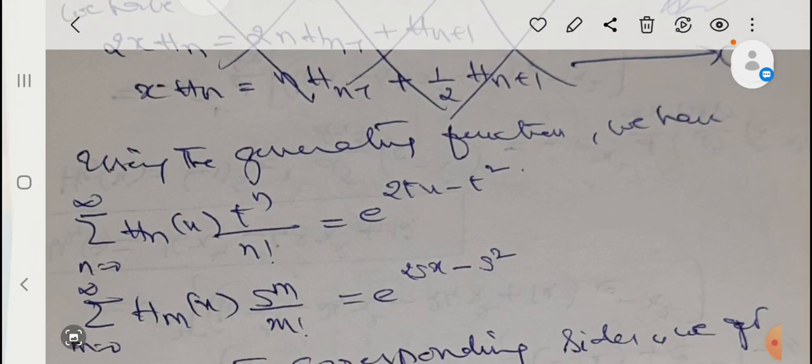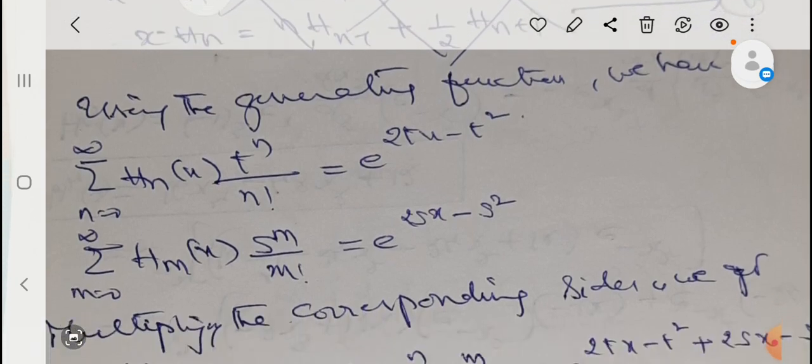Now using the generating functions we have summation Hn of x t power n by n factorial, n running from 0 to infinity, is nothing but e power 2tx minus t square, and consider another Hermite polynomial, summation Hm of x s power m by m factorial, m running from 0 to infinity, is nothing but e power 2sx minus s square.